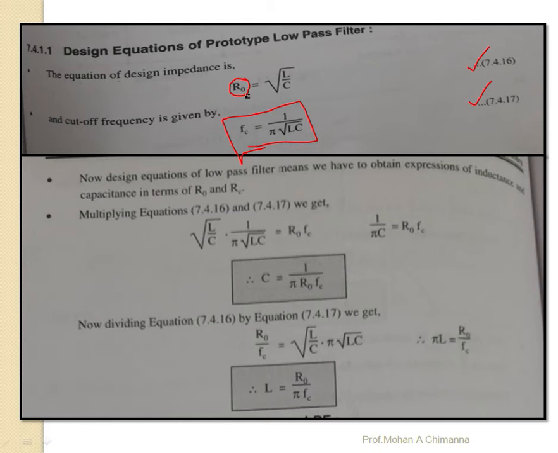R0 is multiplied with Fc. After the multiplication, the square root of LC gets cancelled out and only pi C remains. So pi C is equal to R0 Fc, and 1 upon pi C is equal to R0 Fc.